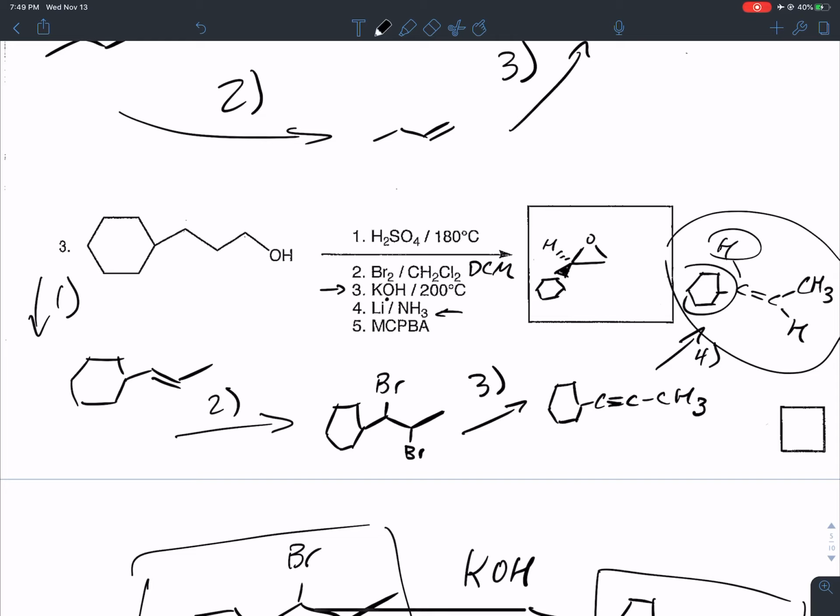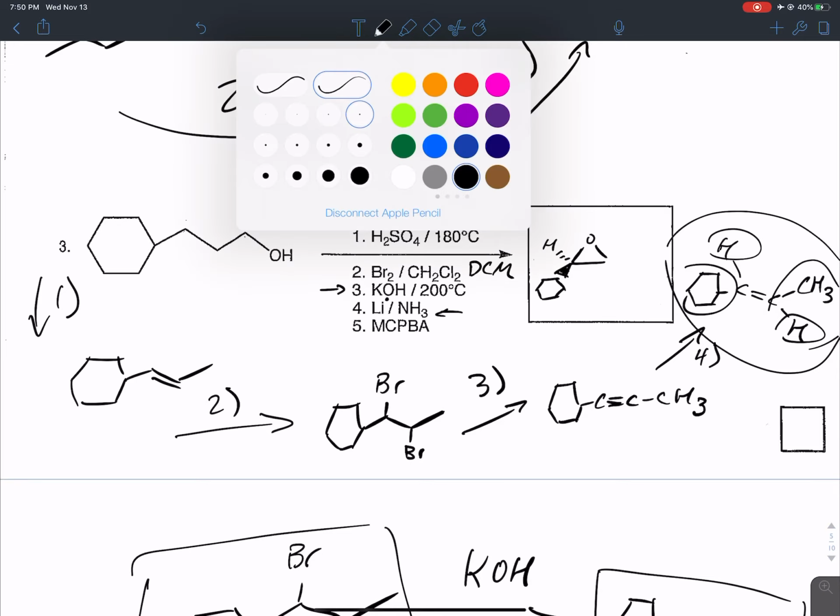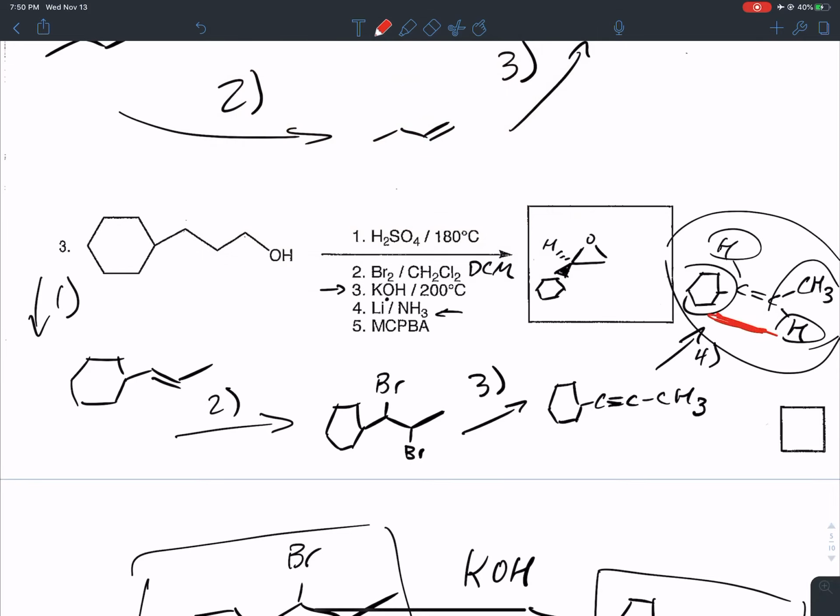So now we've decided what direction we want to be looking at this in. We're going to look at the other side. Which hydrogen or CH3 are we going to want in front? We're going to want this hydrogen in front. We decided the cyclohexane was in front. That means this hydrogen has to stay on the same side.